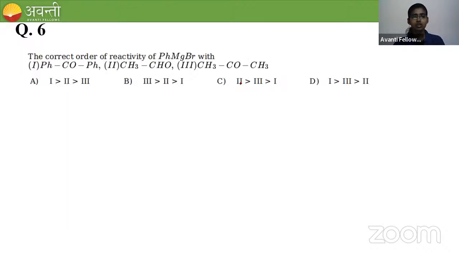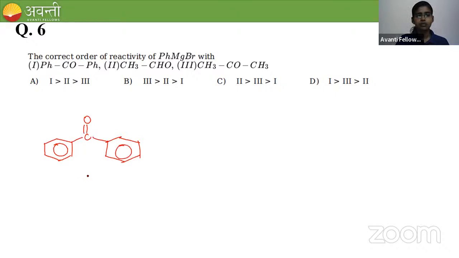So the correct order of reactivity of phenyl magnesium bromide with the three compounds. What is the first compound? Ph means it is C6H5, right? Compound 1 is C6H5, C double bond O, C6H5.